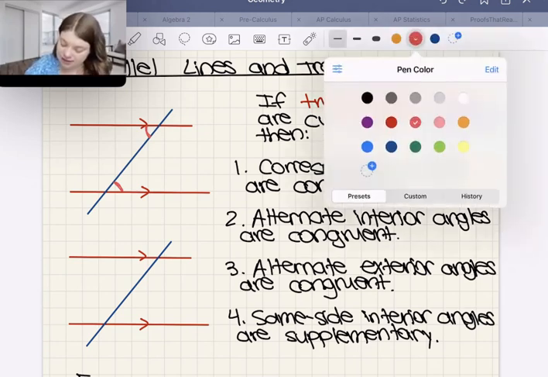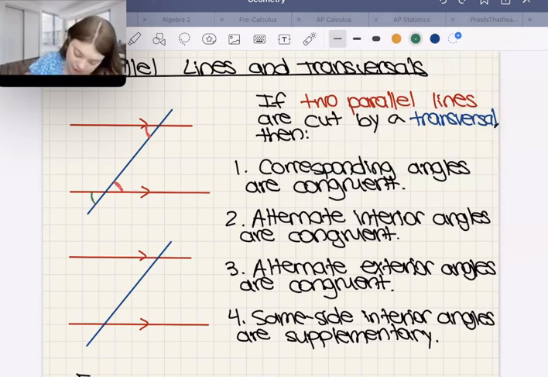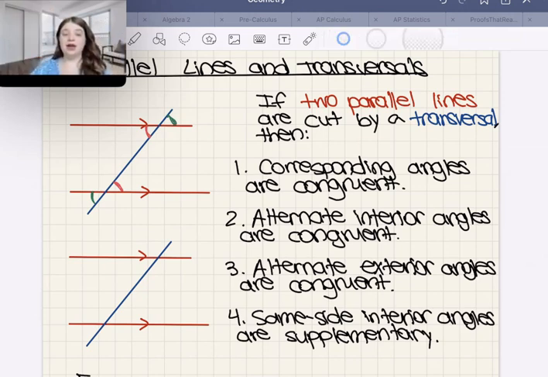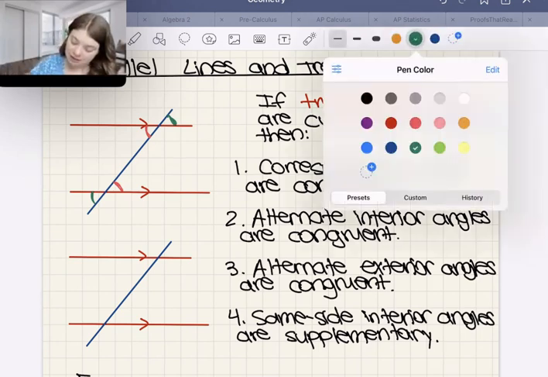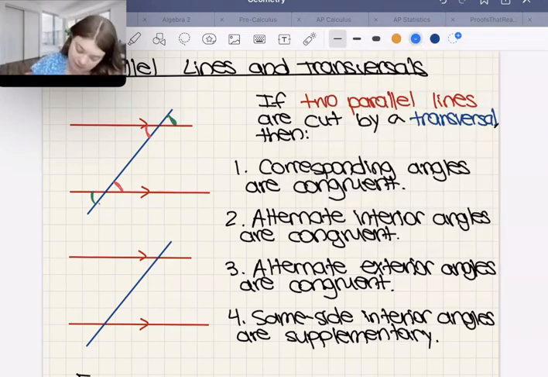So for example, these two green ones are alternate exterior angles, right? Notice how they are both on the outside of the parallel lines and they're also alternating. One's to the left of the transversal, so the blue line, one's to the right of the transversal. And then same thing with these two angles here. These are also alternate exterior as well.